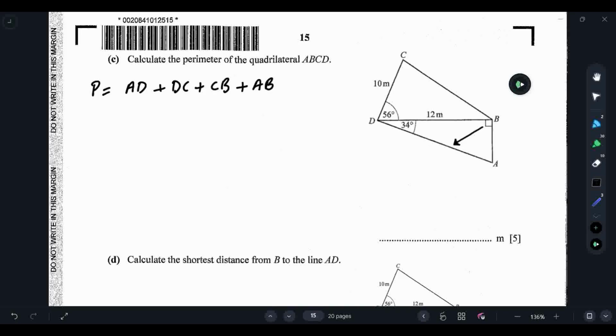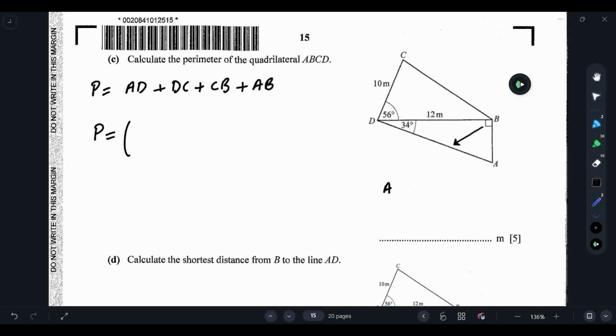Now I will try my best to use the accurate values so that our answers should be correct. For AD we have to use the Pythagoras theorem. Let me find it separately so that we should not have any ambiguity.